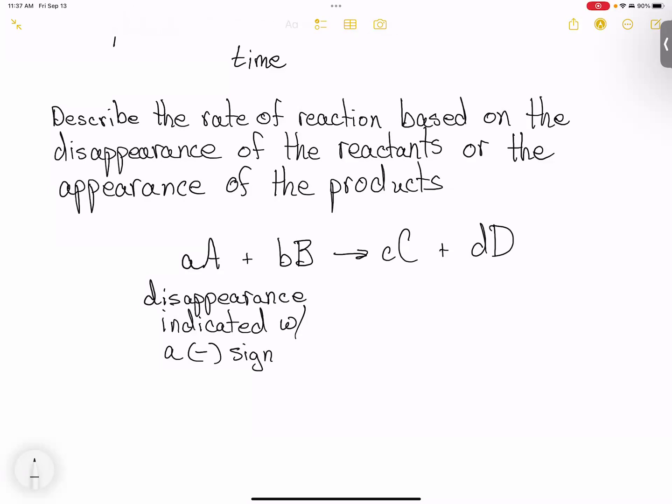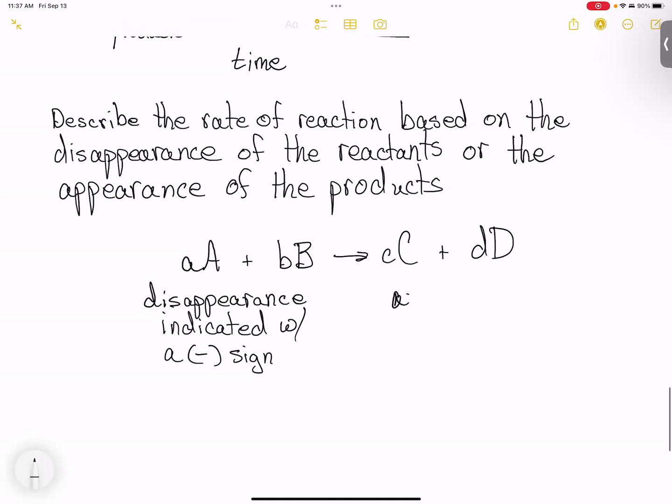No. All the sign does is tell you which direction. So signs do not mean below 0. They mean what is happening. A positive sign, the appearance, is indicated with a positive sign.